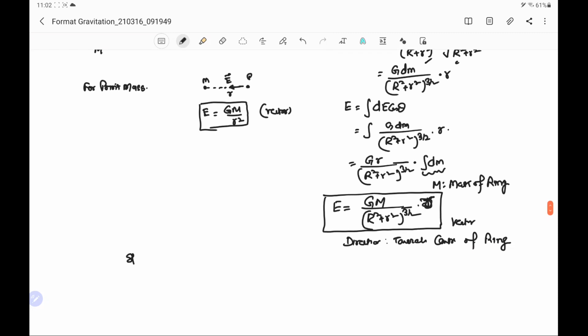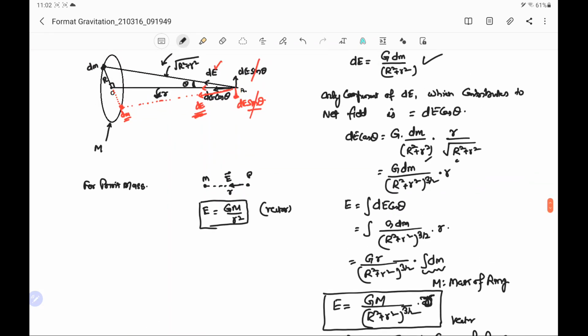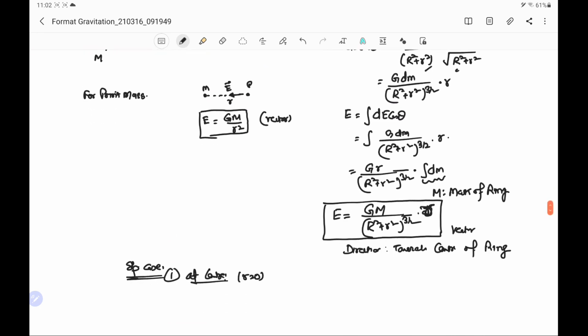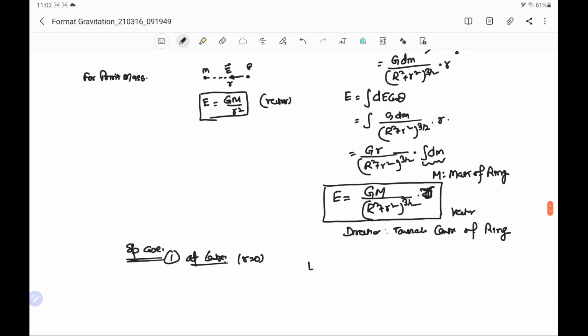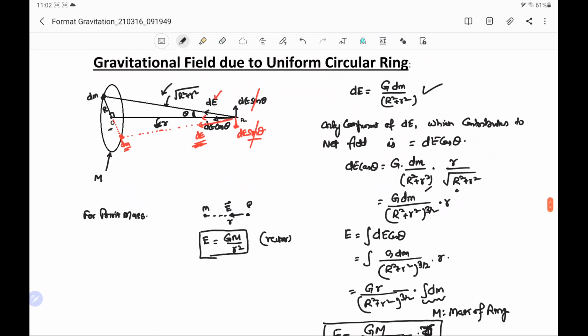We take a special case at the center. Center means r equal to 0, that is, point P is at the O. So with r equal to 0, if we see the formula and put r equal to 0, then E will become 0. That means at the center of the ring, the gravitational field will be 0.